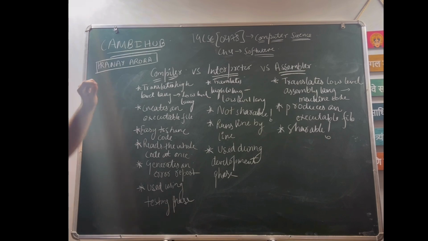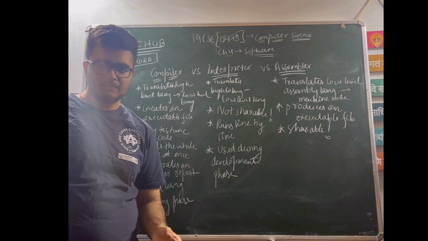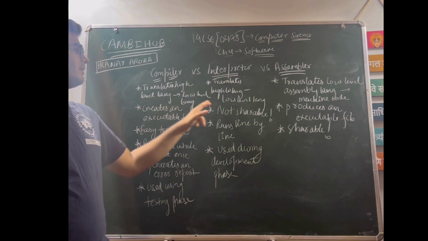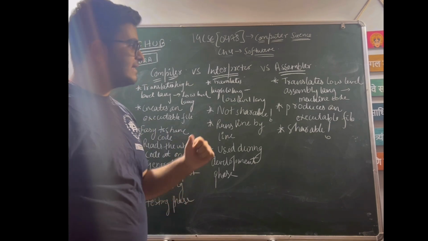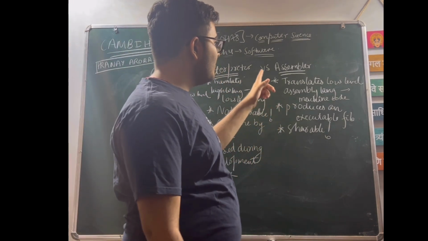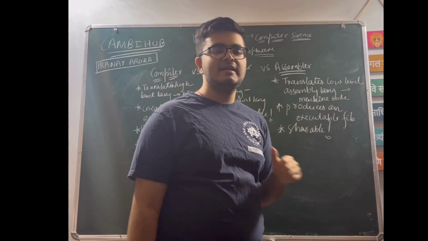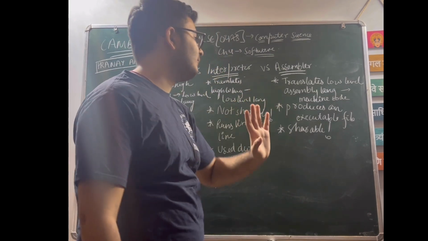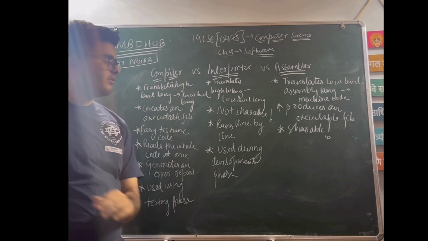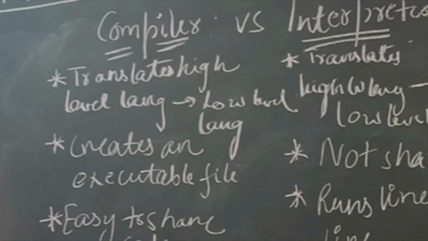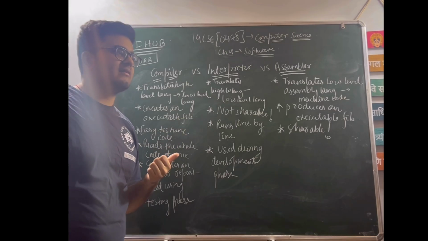Compiler and interpreter both translate high-level language to low-level language, whereas an assembler translates low-level assembly language to machine code, which is binary. First point understood? Let's talk about compiler. First of all, a compiler creates an executable file. What is an executable file?